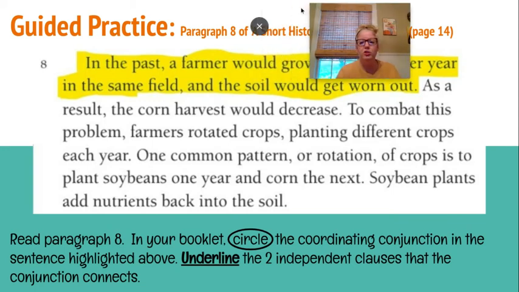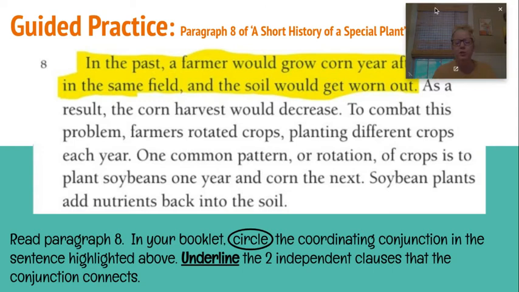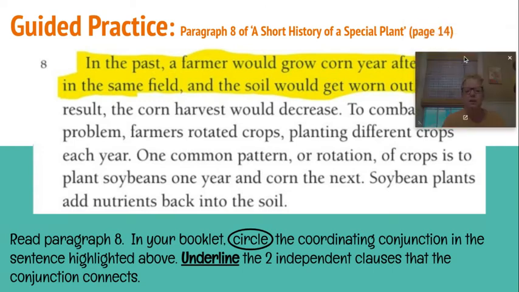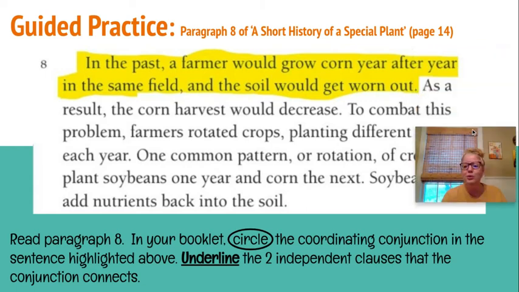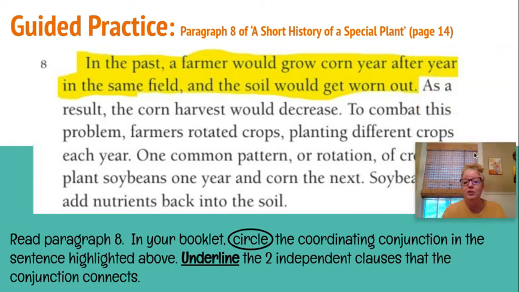Okay, so now we're going to try one in our booklets. So if you can open your booklet, make sure you're on page 14. And we're going to take a look at this sentence, and we're going to do a little bit of circling and underlining, okay? So this is the one that we just looked at in the previous slide. And in order to practice, you're going to circle the coordinating conjunction, which is and. So circle and, and you're going to underline the independent clauses.